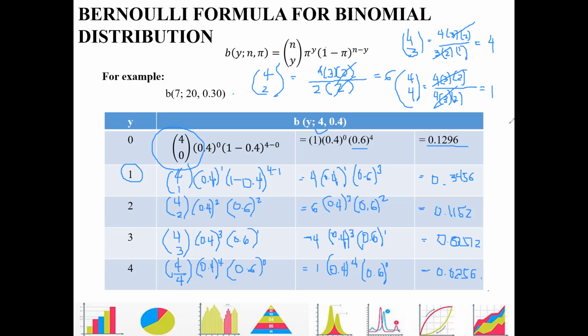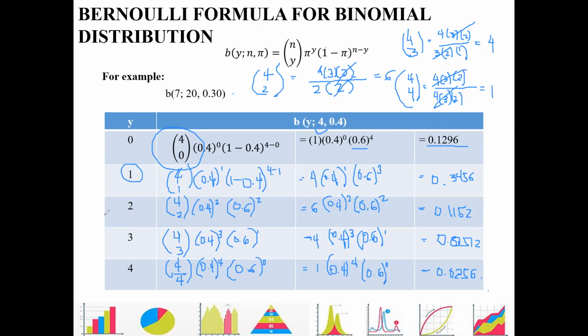So, meron ba kayo dyan? So, anong implication nitong table na to? It implies na mas mataas yung probability na merong isang type O dito sa experiment na to kaysa sa iba.